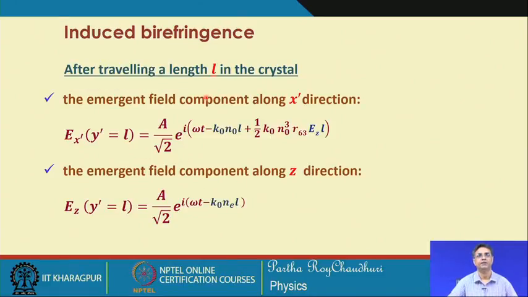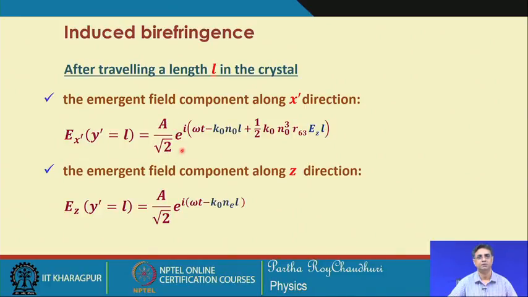Okay. So, after travelling a length L in the crystal, the emerging field component along the x dash direction will be equal to this, with amplitude A by root 2, because you have taken halfway through.